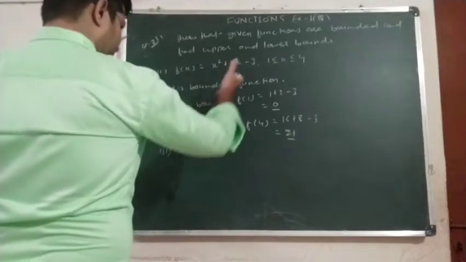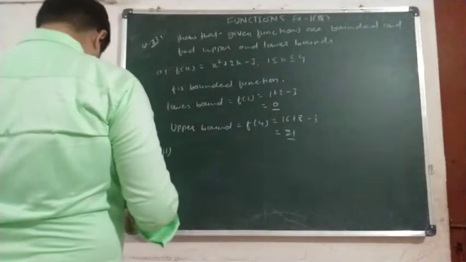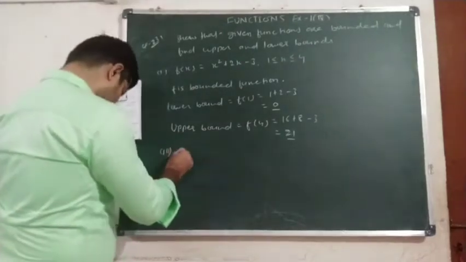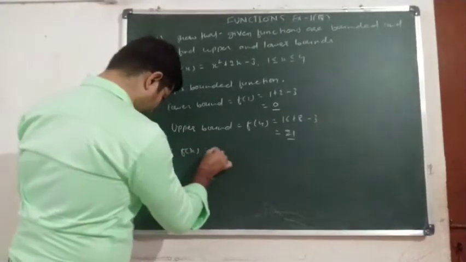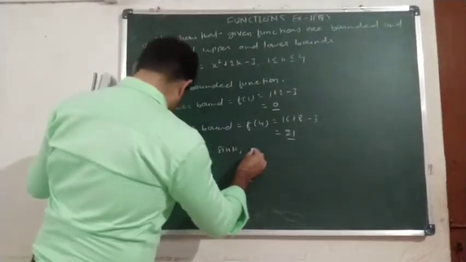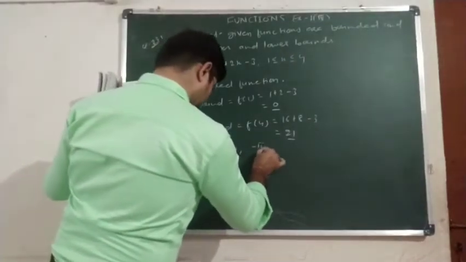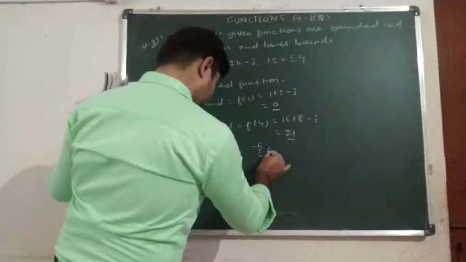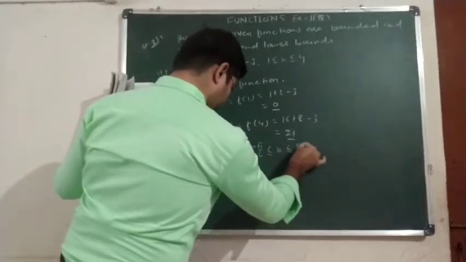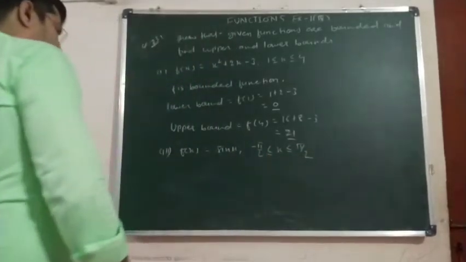Second question is similar quadratic expression. You can try yourself. Third one, f of x is equal to sin x for minus pi by 2 less than or equal to x less than or equal to pi by 2.